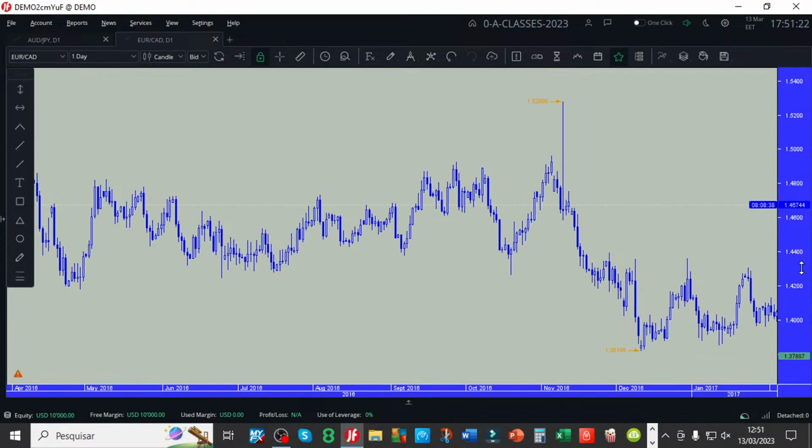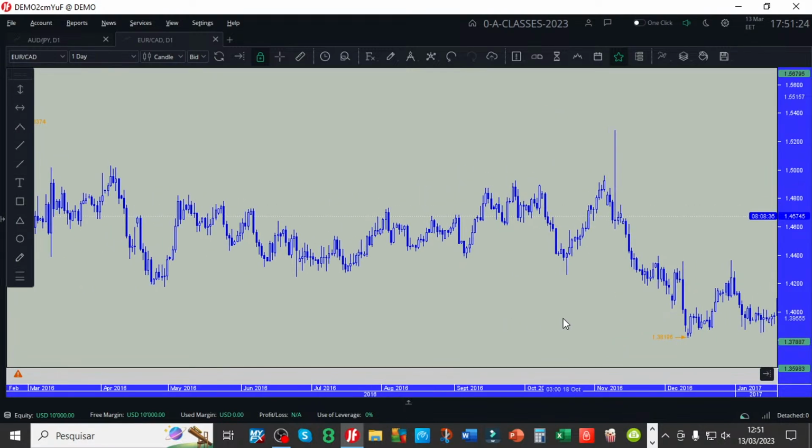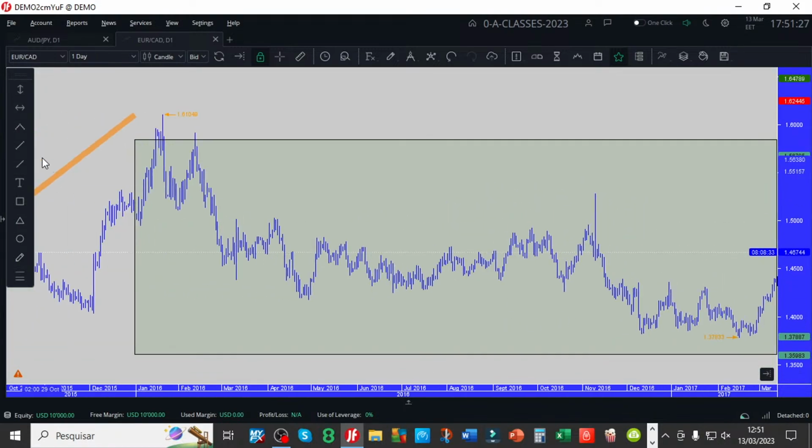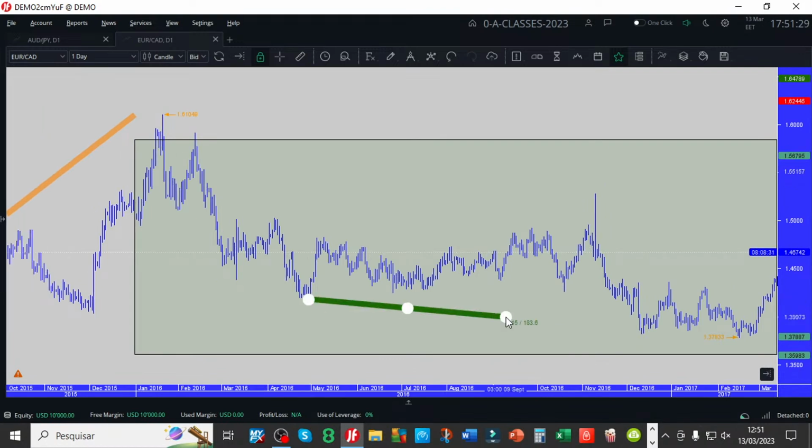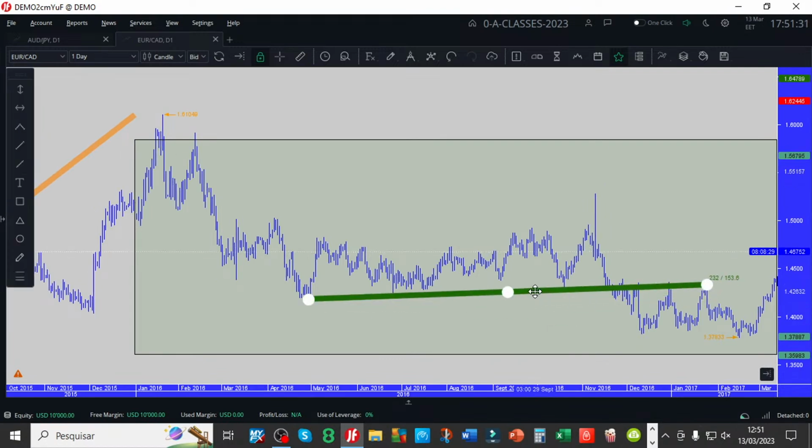Make sense? From the daily, you would see this is the low, this is another low.